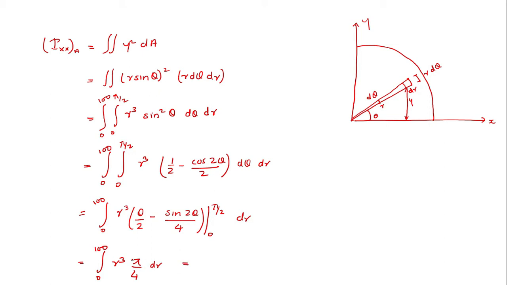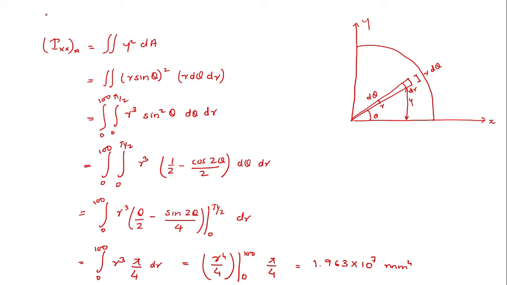Now integrating with respect to r, I will get r raised to 4 by 4 from 0 to 100 into pi by 4, which will give me an answer of 1.963 into 10 raised to 7 millimeter raised to 4.